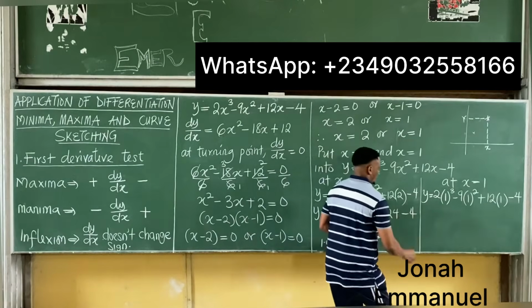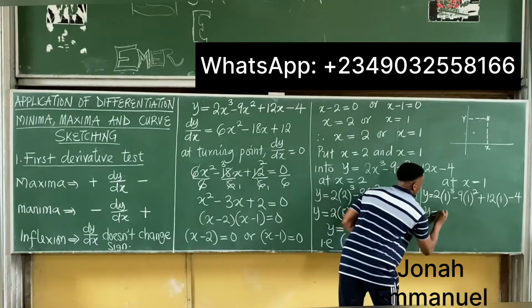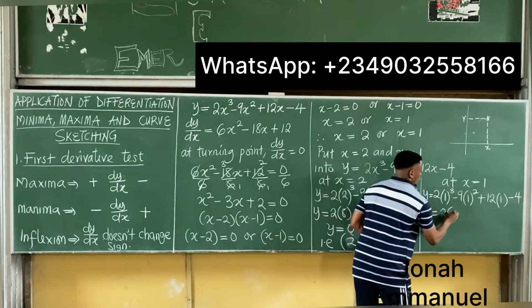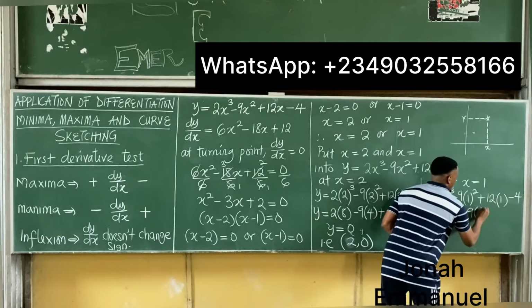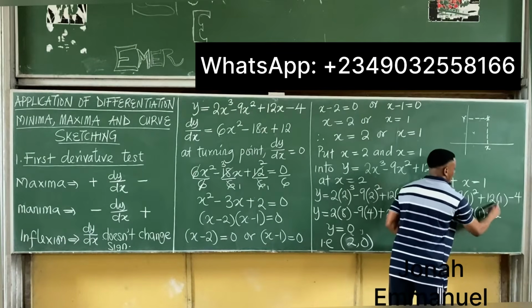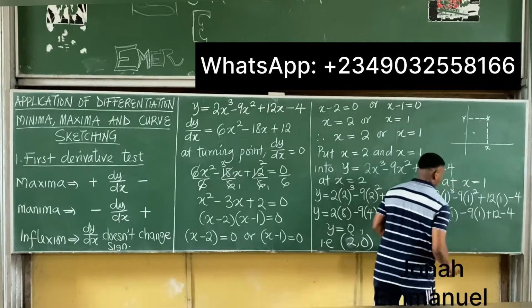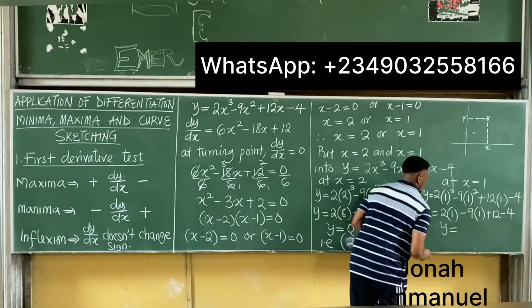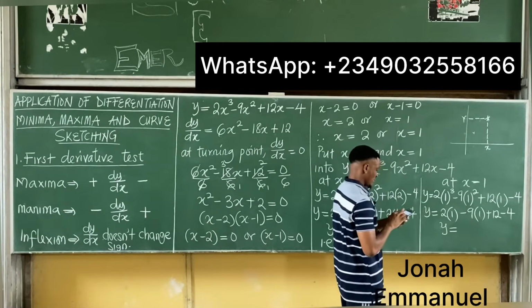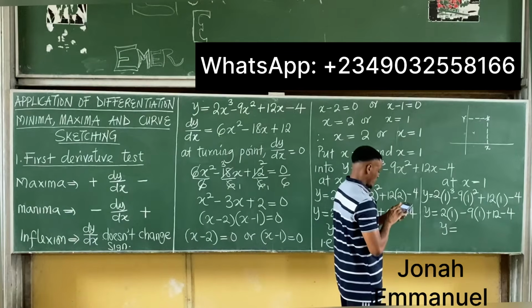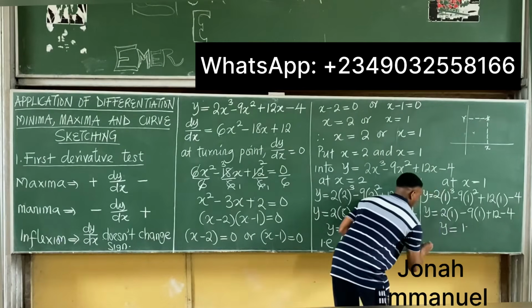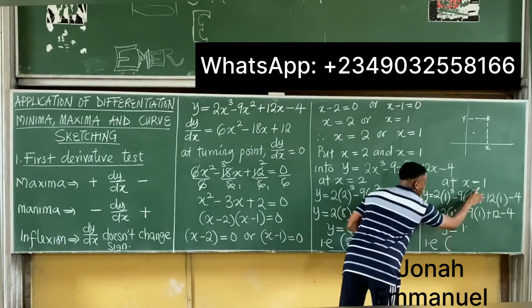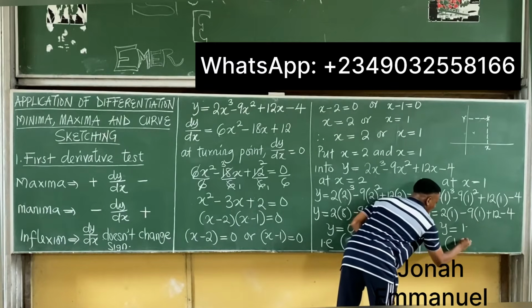Let's get it for this one here. y is equal to 2 into 1 cubed, which is 1, minus 9 into 1 squared, which is 1, plus 12 times 1, which is 12, minus 4. So y is equal to 2 minus 9 plus 12 minus 4. That is 1. So when x is 1, y is 1.